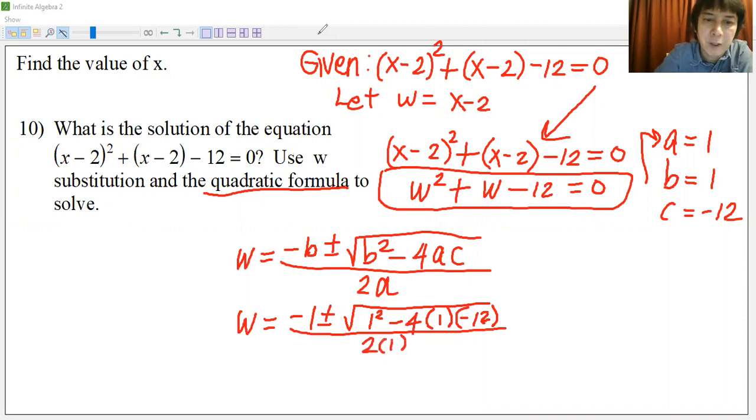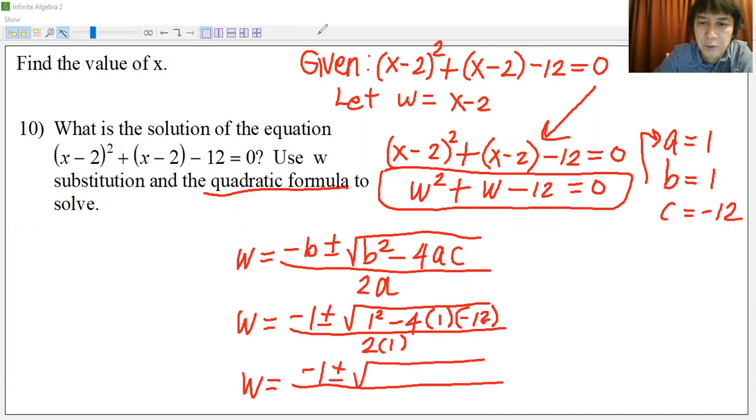Further simplification: we have negative 1 plus or minus the square root of 1 squared, which is 1. We have negative 4 and negative 12, the product is positive, and 4 times 12 is 48.